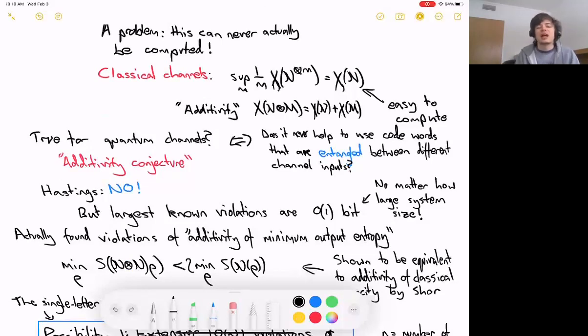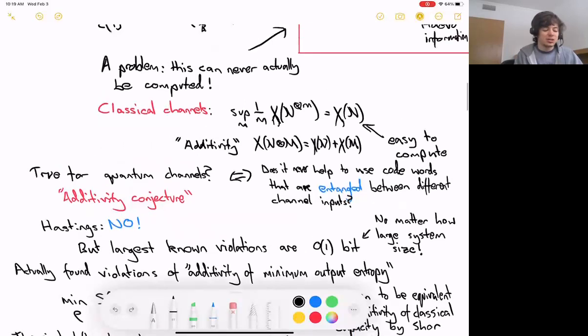And this is true no matter how big your quantum channel is. Your quantum channel could have an input that consists of 1 million qubits, and have a classical capacity of 100,000, and it's still the case that we don't know of any examples where using this naive single letter formula will give you the wrong answer by more than about 1 bit or so.